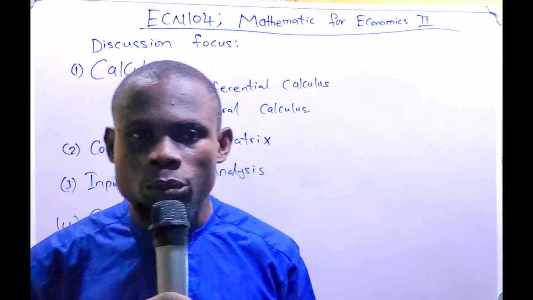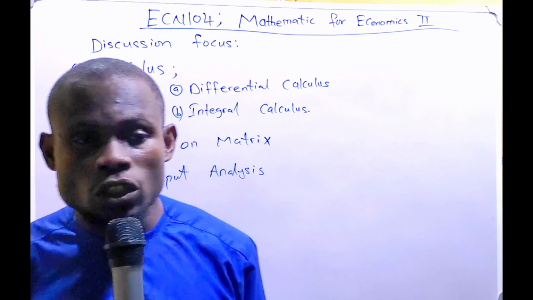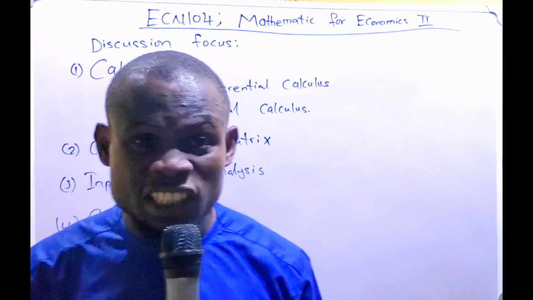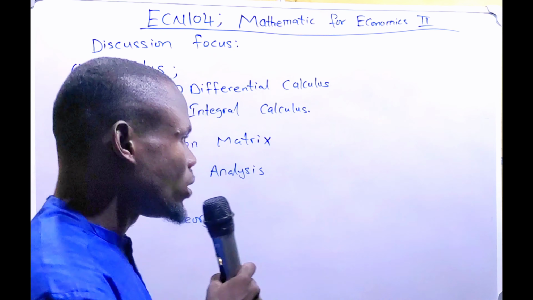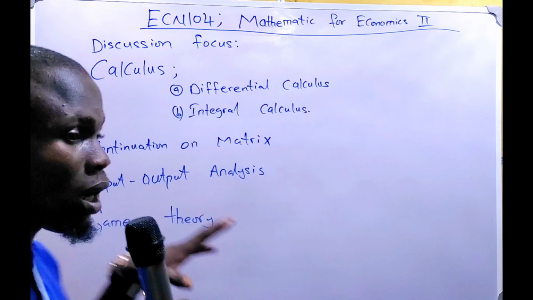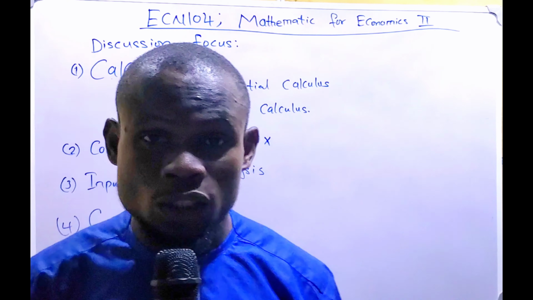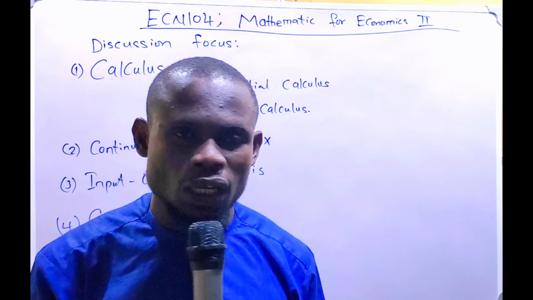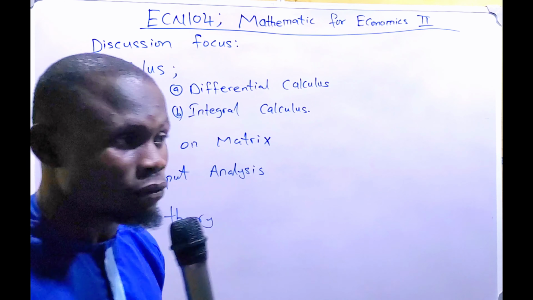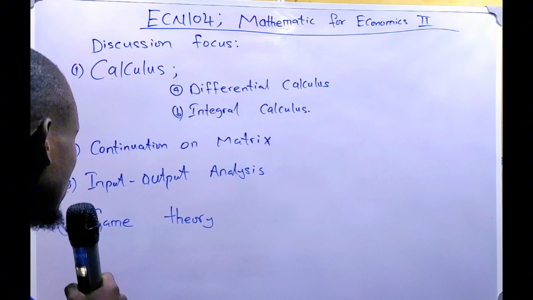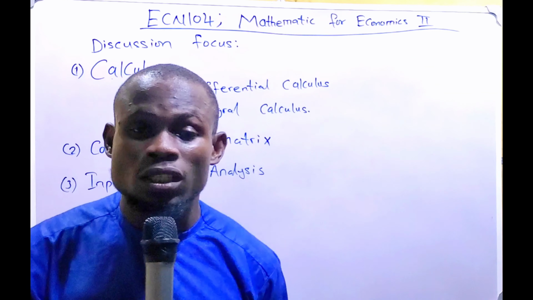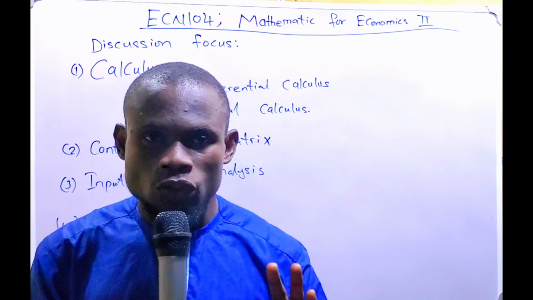Furthermore, after that, we'll be discussing input-output analysis. This is very, very important because major production decisions related to cost are analyzed using input-output analysis, and this comes under the jurisdiction of economics science. So input-output analysis will be the third topic, and the last topic in this course will be game theory.